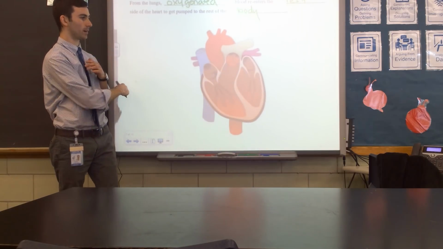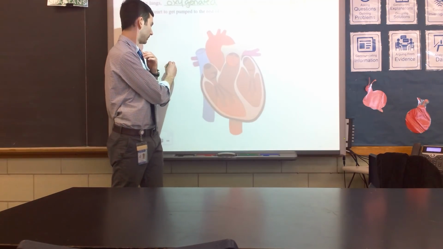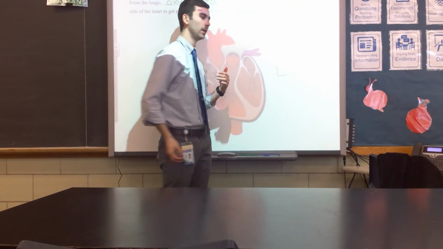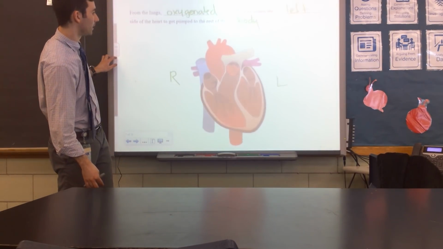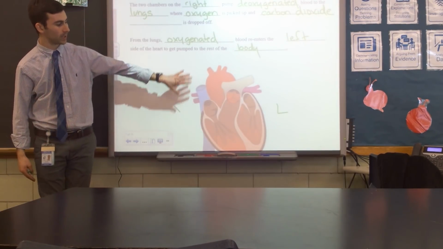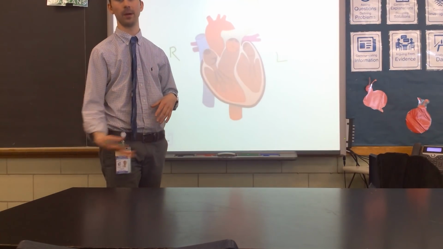So if we were to look at this heart, the right side of the heart would be my right side if this was my heart. And the left side of the heart would be my left side over here. So if you're looking at your piece of paper, yes, it's going to be backwards. But remember, the right side over here, my right, is where the deoxygenated blood is. The left side, these 2 chambers, are going to be where the oxygenated blood is pumped to the rest of the body.